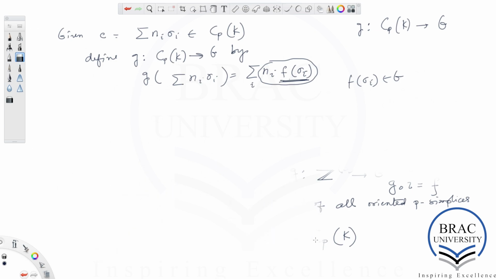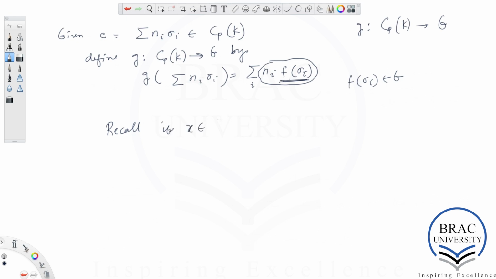Let me erase it and write it. Recall, if x is in G with G abelian, then minus x is also in G, which is the inverse of the group element x.